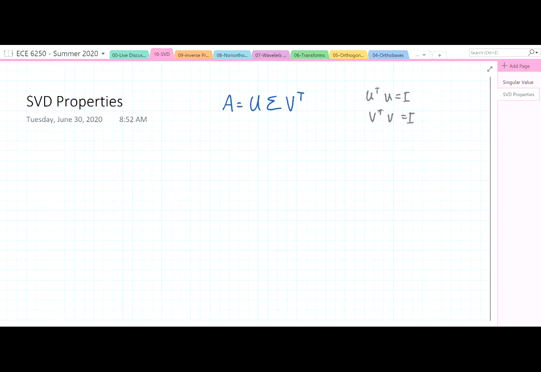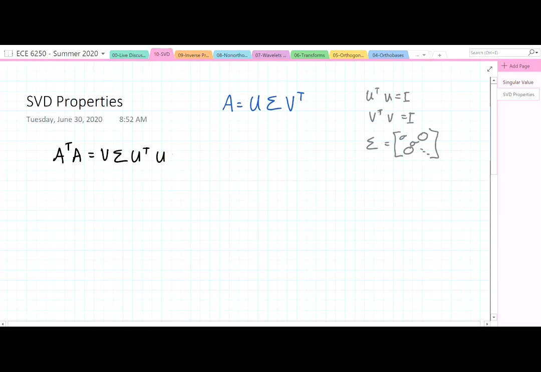So we have this type of thing, and then we have, of course, the sigma is diagonal, with the singular values in there. Okay, so if we come along and do something like this, A transpose A, and B, V transpose, actually, the transpose goes away, and when we transpose a diagonal matrix, we get it back.